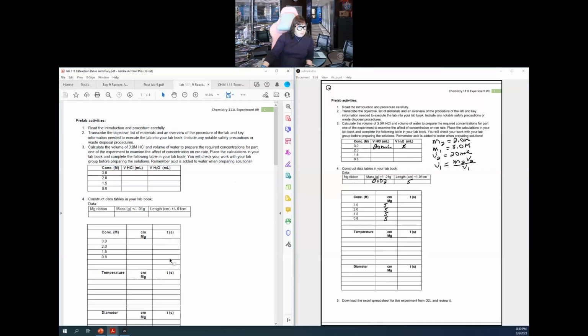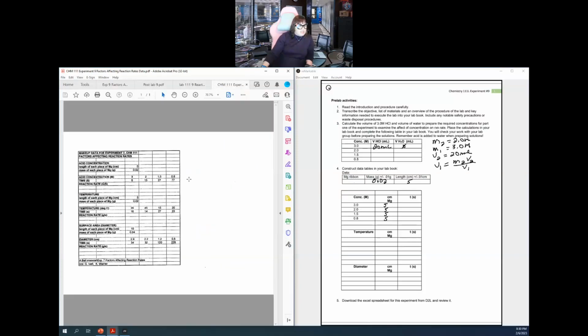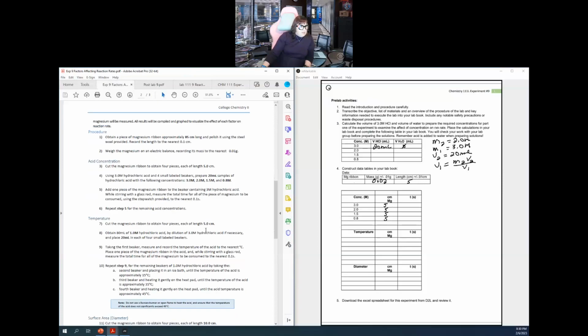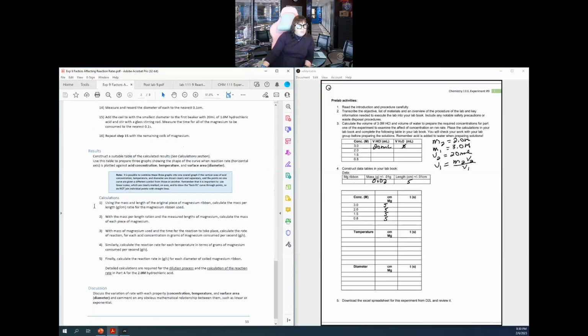And then you're going to be measuring a time. So how long does that reaction take for each of those concentrations? The reaction rate is going to be the change in concentration over the change in time. And the way that they want you to calculate that, if you look down here: mass and length of the original piece, calculate the mass per length, gram per centimeter ratio.